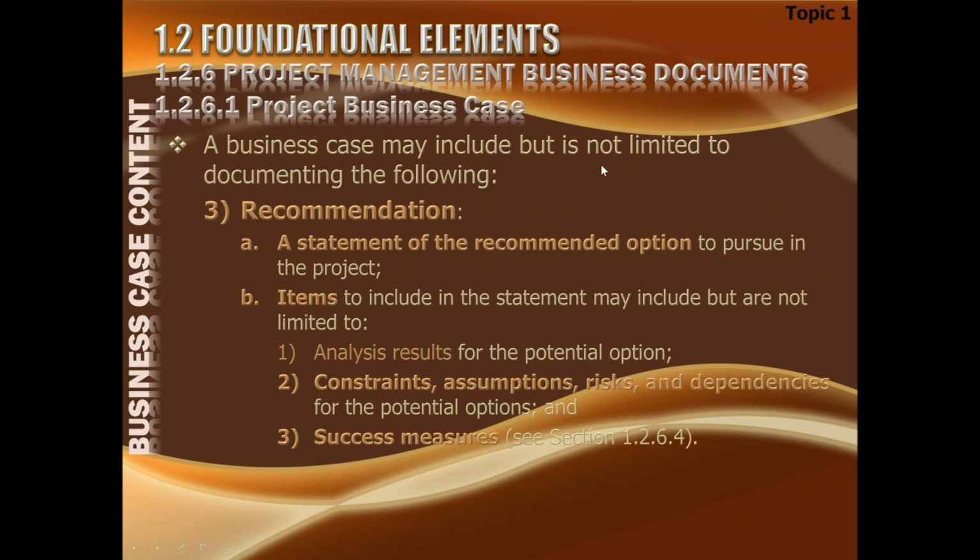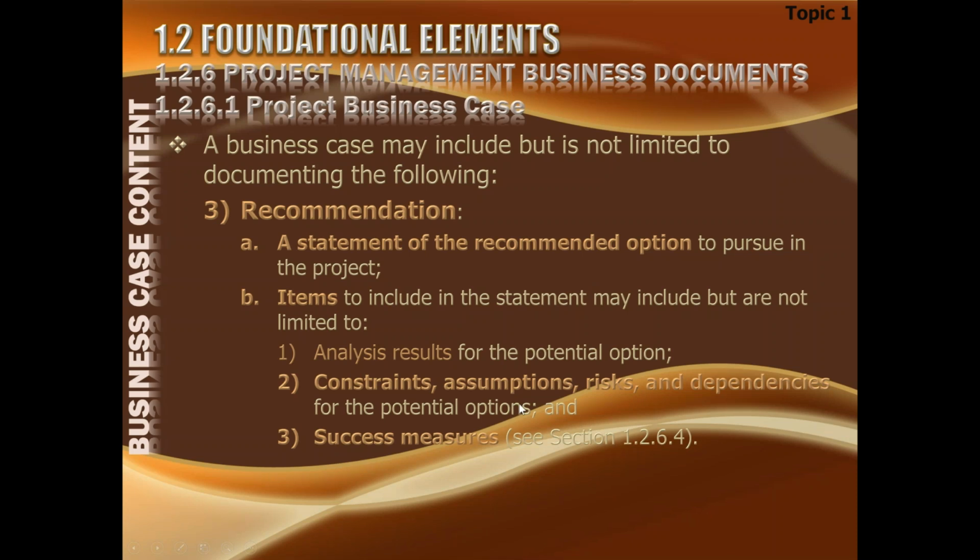Then the business case may include, but is not limited to, documenting the recommendations, which could be a statement of the recommended option. Out of the various options we have suggested already, which is the best option? So give a statement about that recommended option. Items to include in the statement may include, but are not limited to, analysis results, which should be briefly portrayed there.